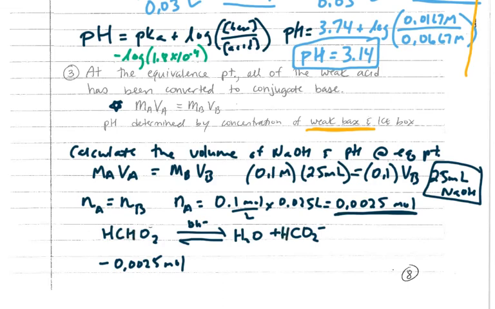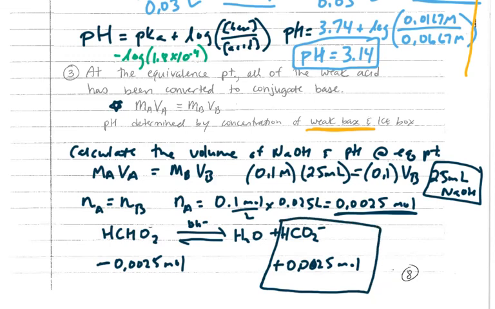All right, so that's the correct formula. That means that we add 0.0025 moles of this. We reduced the acid by 0.0025, which means that we gained 0.0025 moles of this base. So in order to figure out the pH, we need to figure out the pH of this.